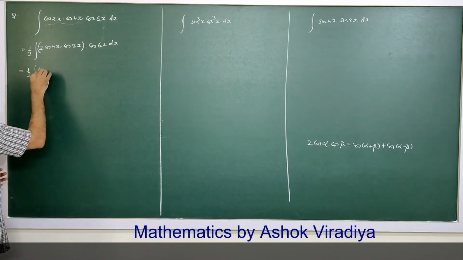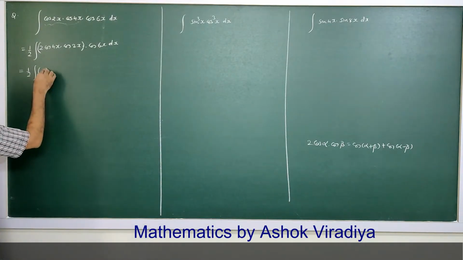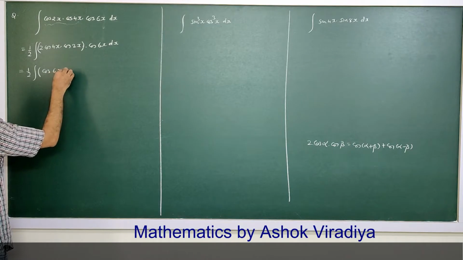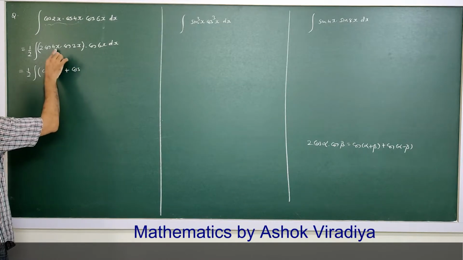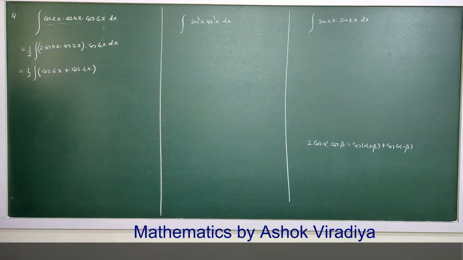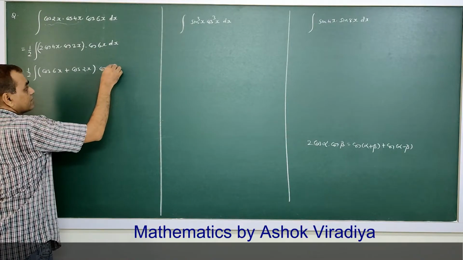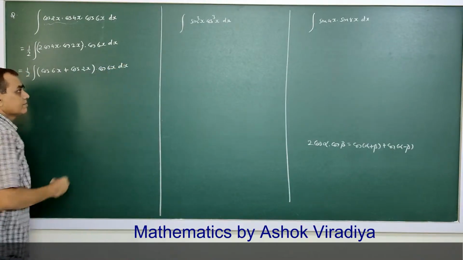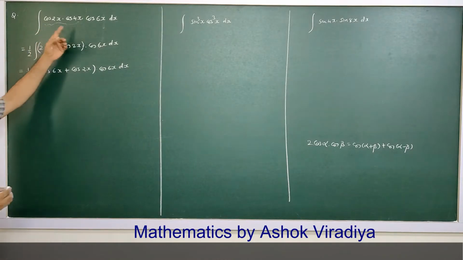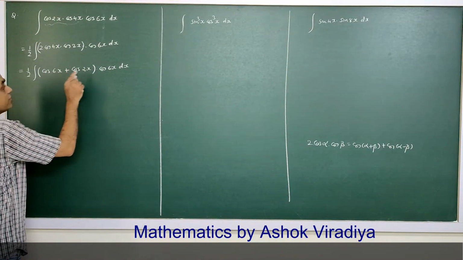Now 2 cos alpha cos beta by this formula is cos of alpha plus beta plus cos of alpha minus beta. Cos 6x as it is. So the product of 3 numbers is now converted into a product of 2 numbers.